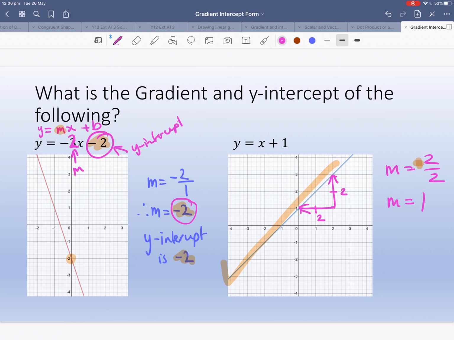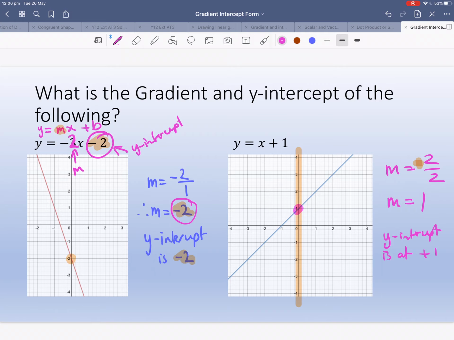Okay, now where does it cross the y-intercept? So the y-intercept, I'm going to rub some of this stuff off. This is our y-axis, and the y-intercept is here at 1, and it's positive 1. So let's make that known. Y-intercept is at +1.